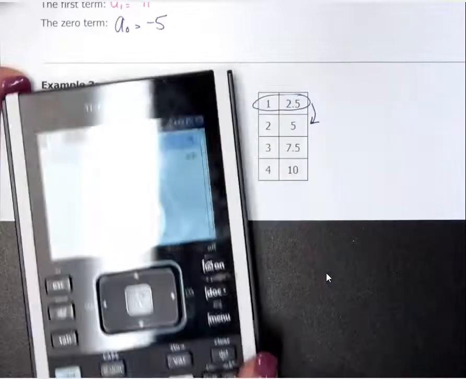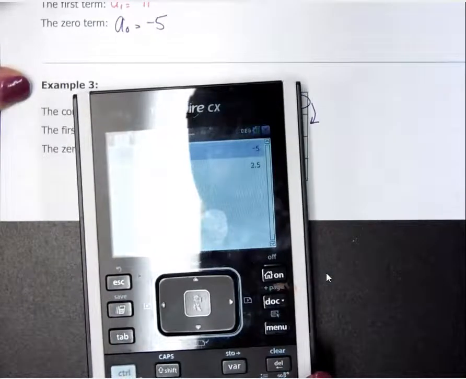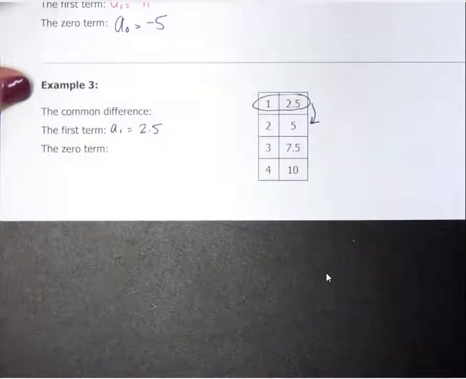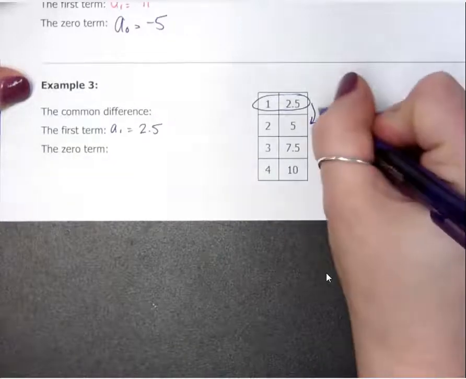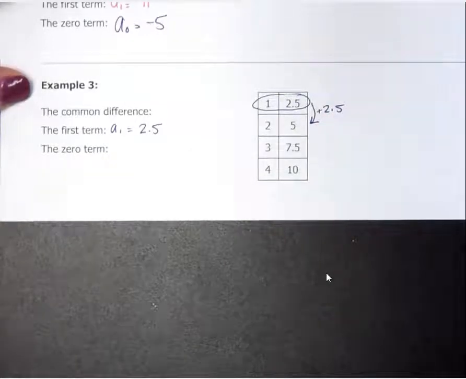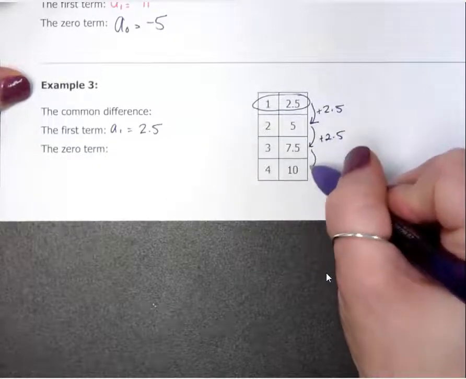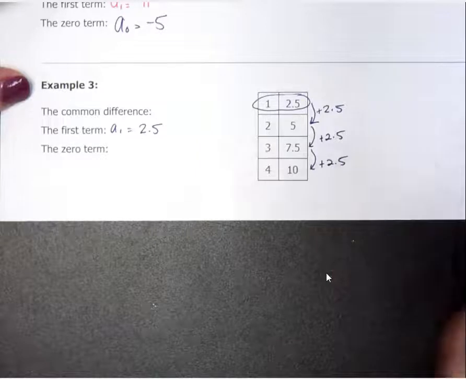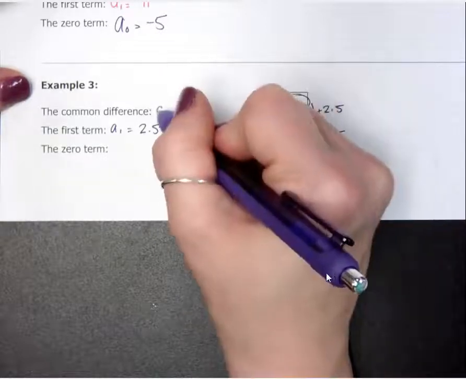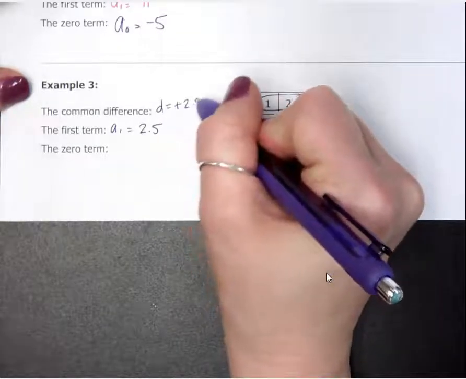And I got 2.5. So I went up 2.5. And then from here, I went up 2.5, and from here I went up 2.5. So this is plus 2.5.